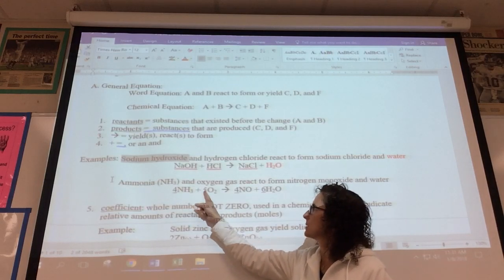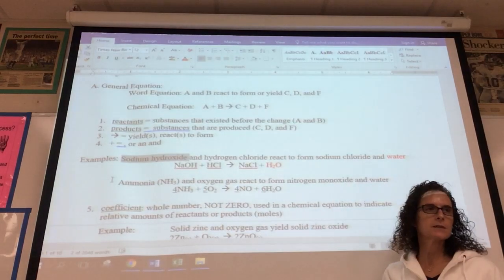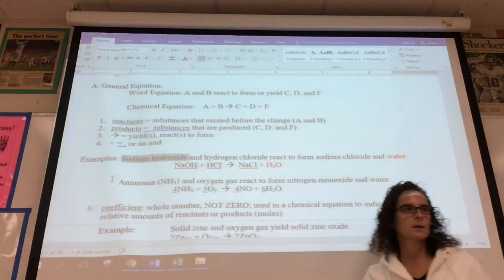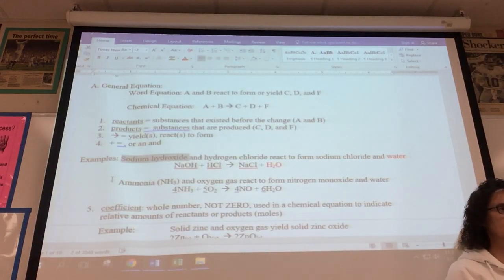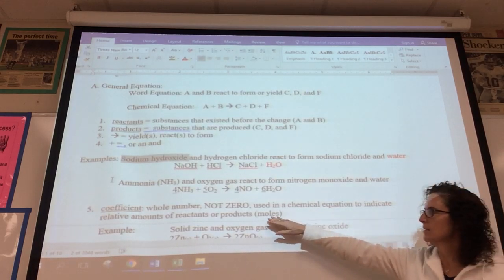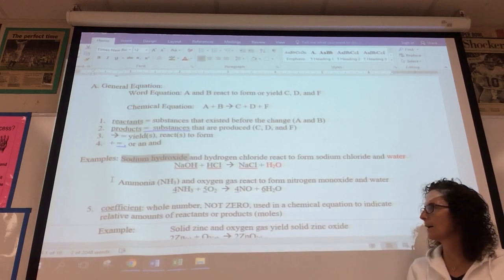are numbers before substances. Those numbers are known as coefficients. They are whole numbers, not zero. There are no coefficients of zero. And they indicate the relative amounts of reactants or products.